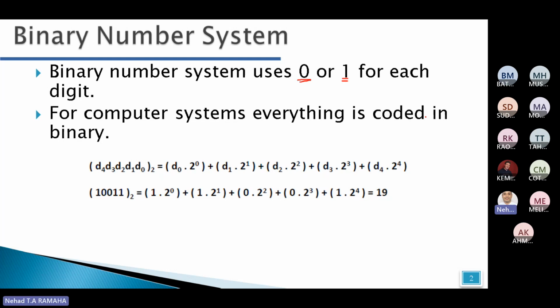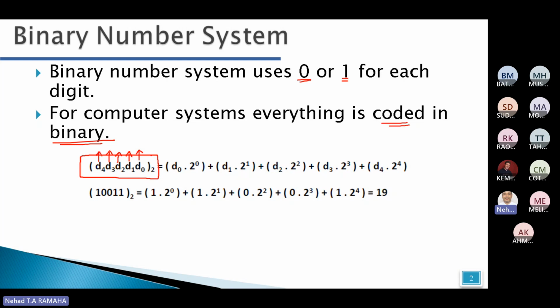As we know, the computer will code everything, will convert everything into the binary system. So if this number is binary, how do we know how much exactly this number is in our decimal system? It's like this. Each digit in the binary has, let's say, a position value for the number.